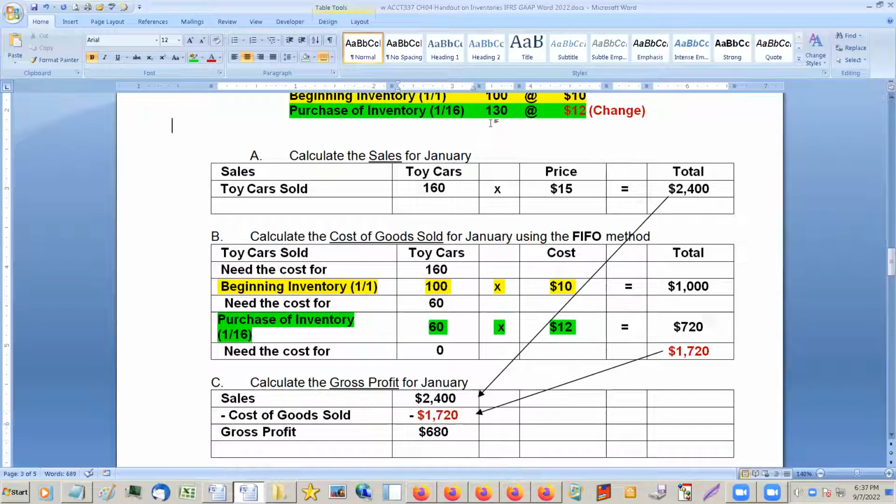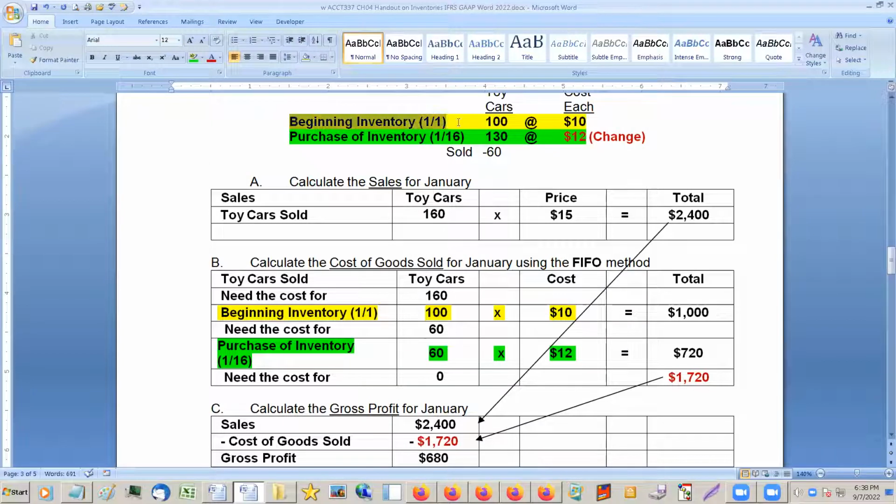So we had 130 here, and of this 130, let me bring it over closer, we sold 60 of them. So these first ones up there, these are gone, never coming back.